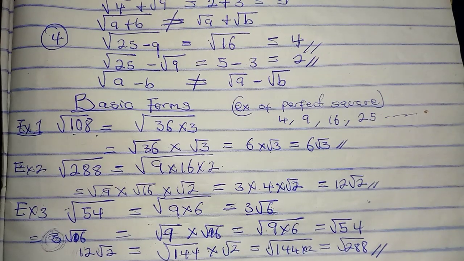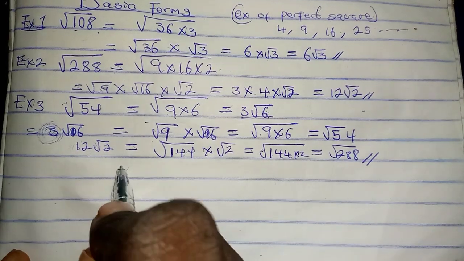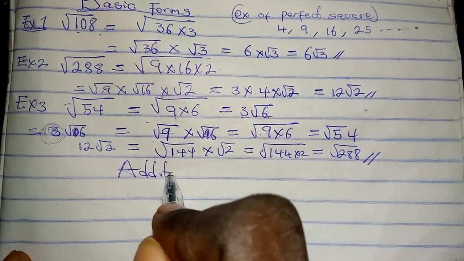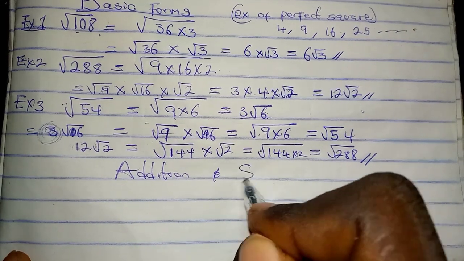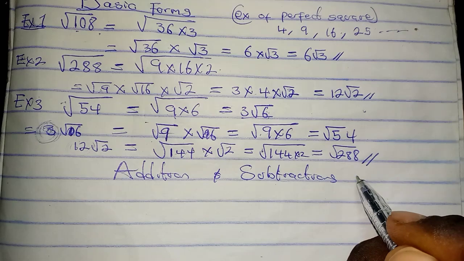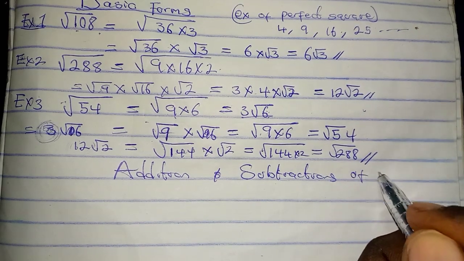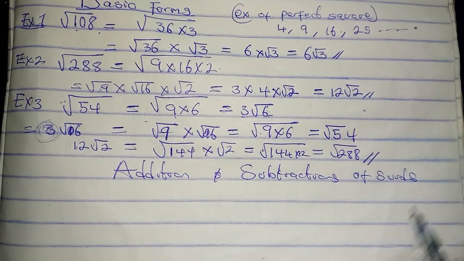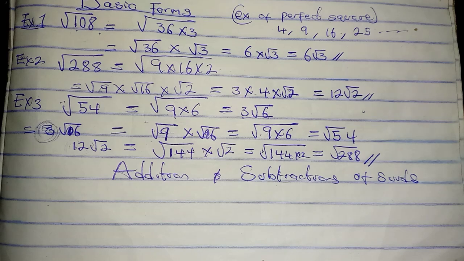So we'll move to the addition and subtraction of SURDs. Now, in SURDs or roots, you can add or subtract like SURDs in the same manner as like terms in algebraic letters.